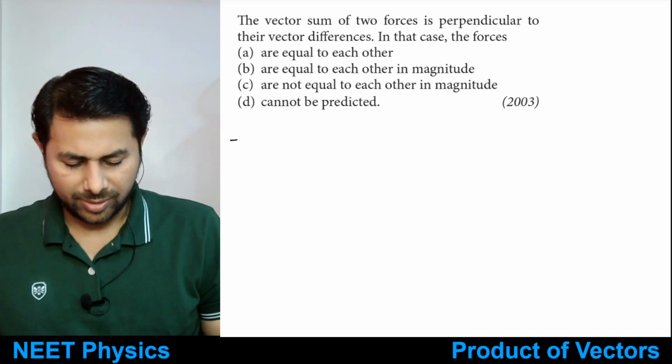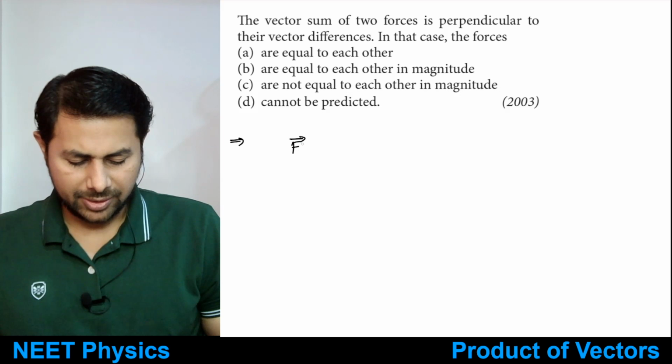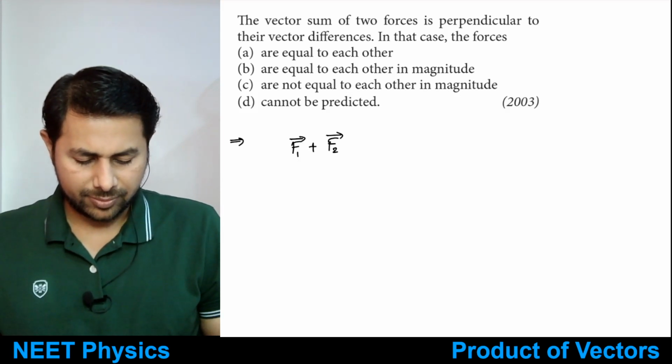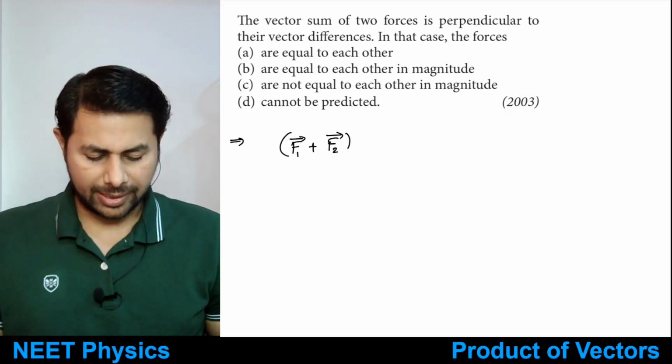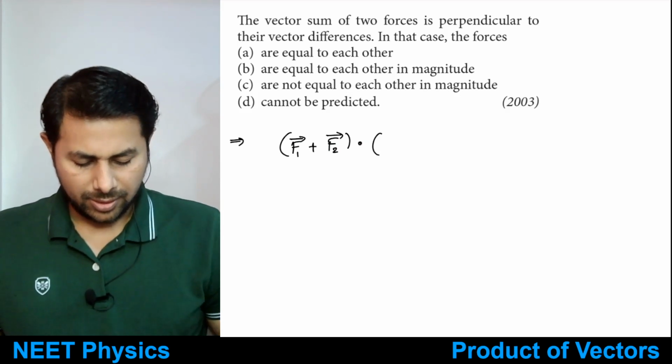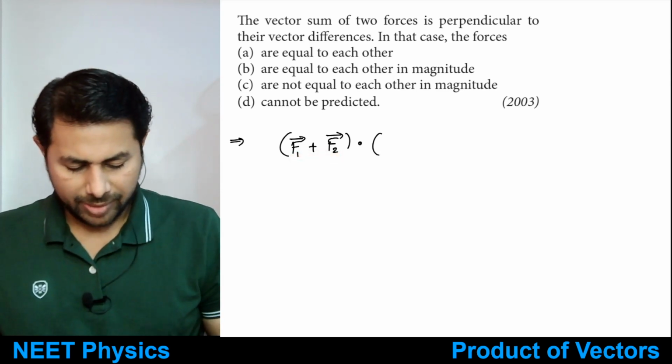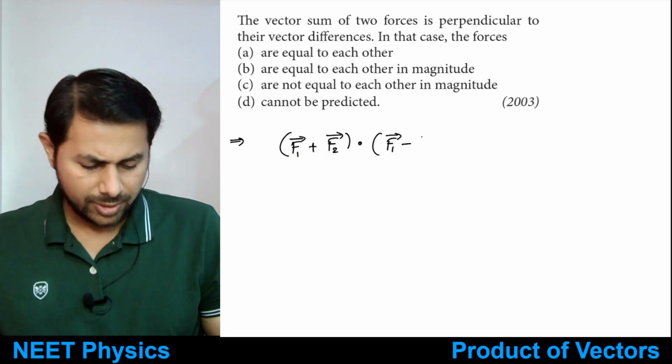So vector sum of two forces. Suppose the first force is F1 and the second force is F2. So F1 bar plus F2 bar, take its dot product with F1 bar minus F2 bar.